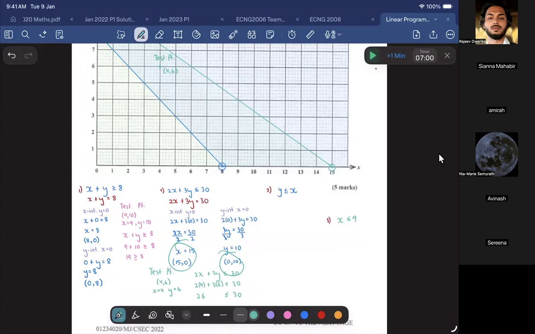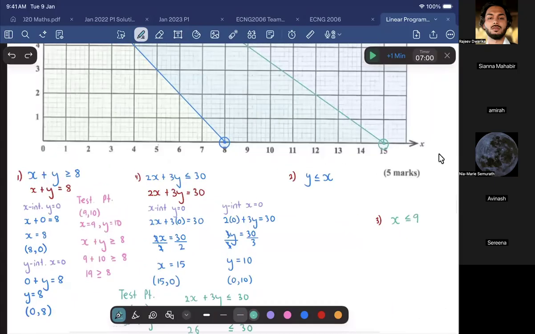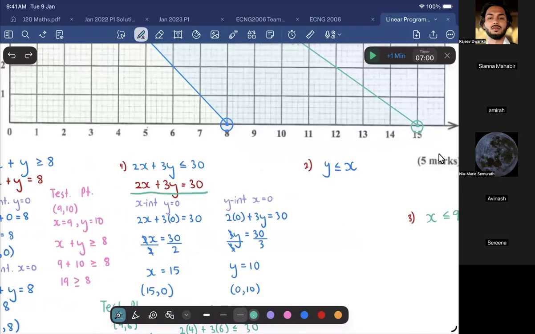Those are values. I used 2x plus 3y is equal to 30. That is what I actually plugged in y is equal to 0 into and x is equal to 0 into to get the points. So that's the equation, right? And we call it an equation because they are equal. The left-hand side is equal to the right-hand side.